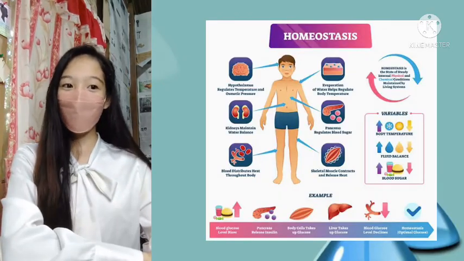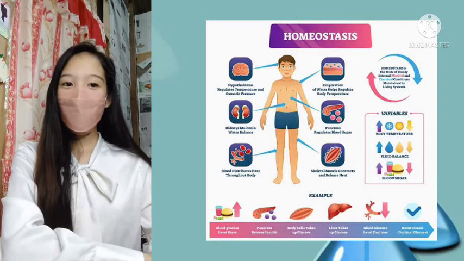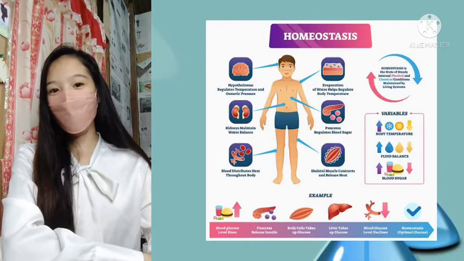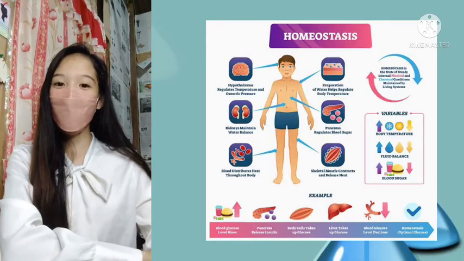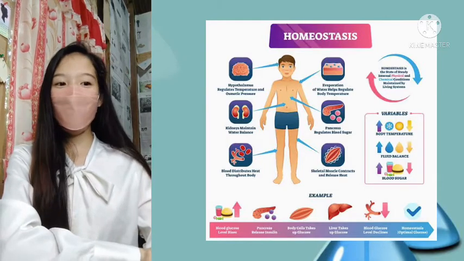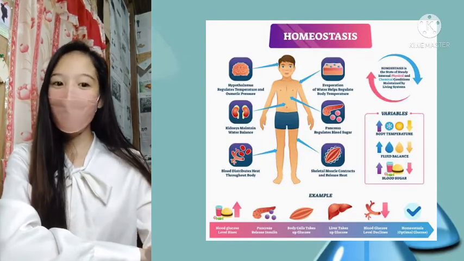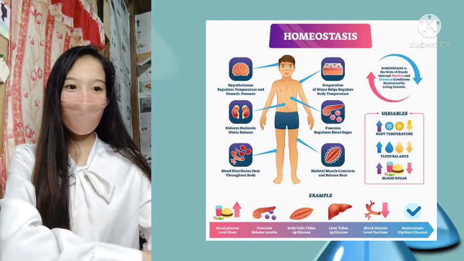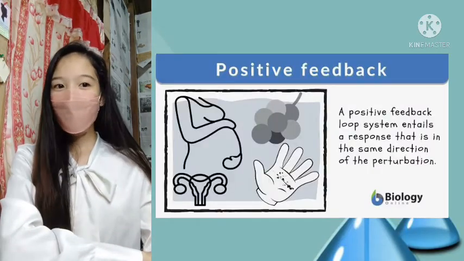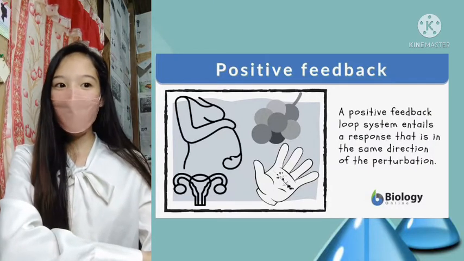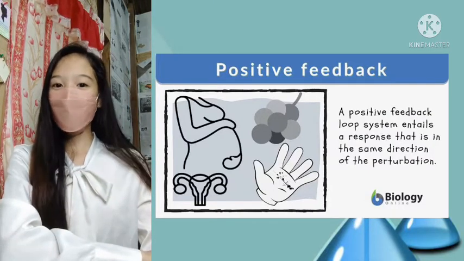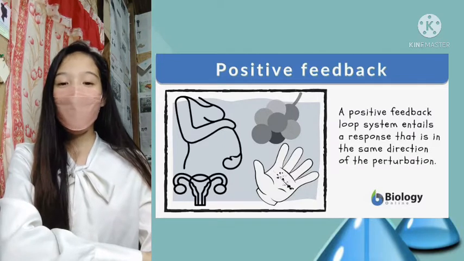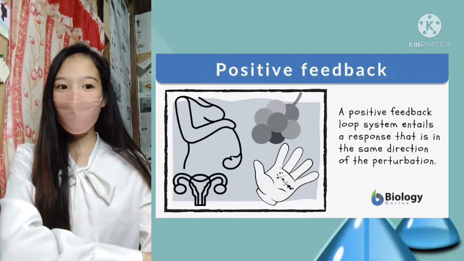Homeostatic mechanisms that respond to a perturbation may be in the form of looping mechanisms called feedback mechanisms that may be positive or negative. Positive feedback maintains the direction of the stimulus. It tends to accelerate or promote the effect of the stimulus.